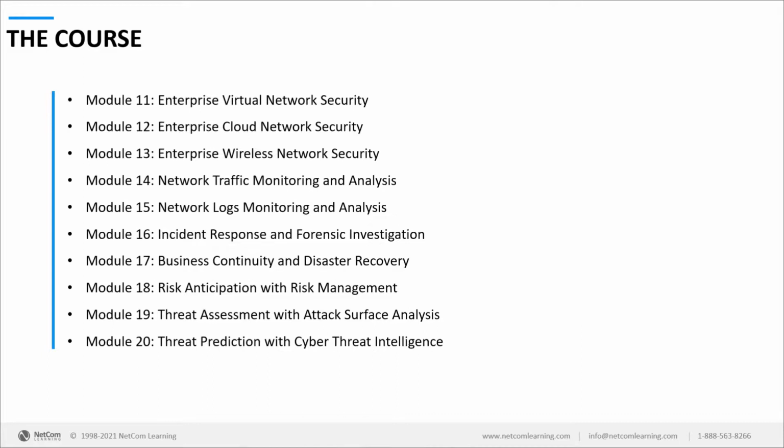Enterprise wireless network security, network traffic monitoring, and logging. This is an important area, because if you don't know what's happening on your network, what's going in and what's going out, then you're subject to the pitfalls of lack of security. You need to know what is going on.